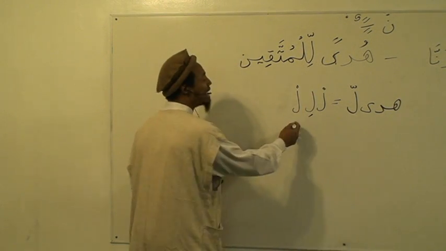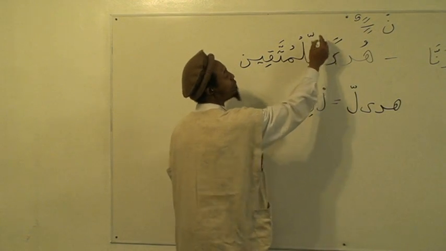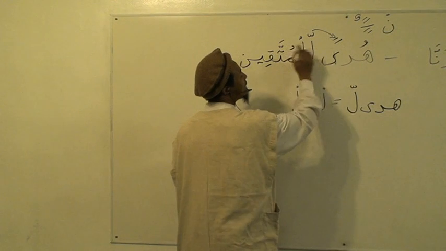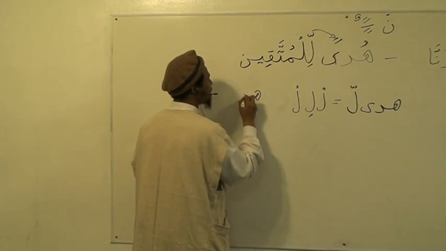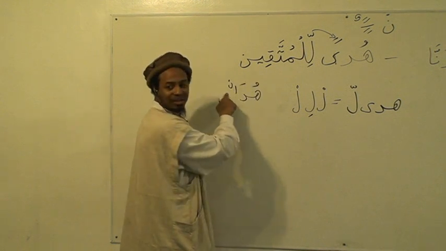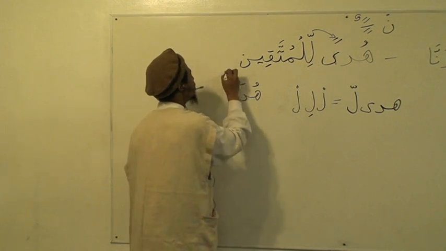Okay, so hudalil. So we have that there. Here, again, another point is that now there is no ghunna. And the noon sound that comes right here, because hudan is just an example, is just like this, right? Hudan. That's what this sound actually is meant to be. This is totally X'd out, and we go to the lam.